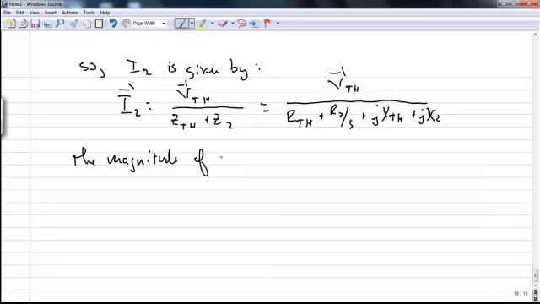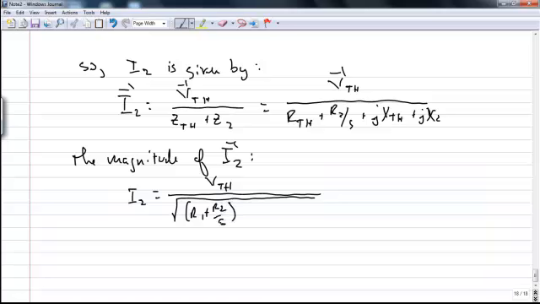We can find the magnitude of I2: VTH over the square root of the quantity RTH plus R2 over S squared plus the quantity XTH plus X2 squared.